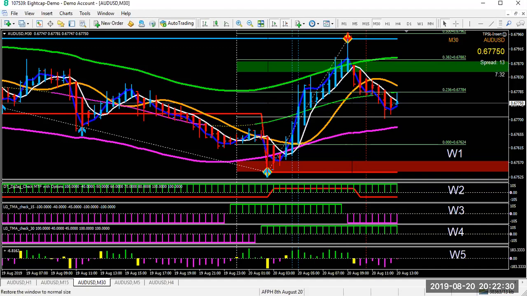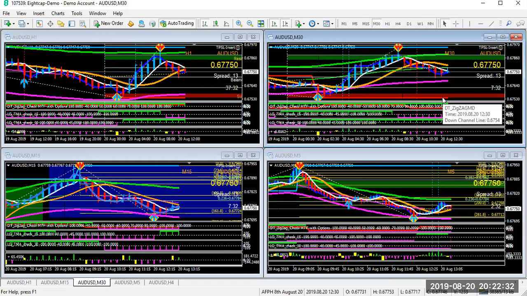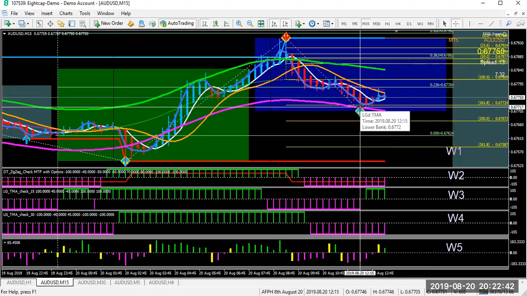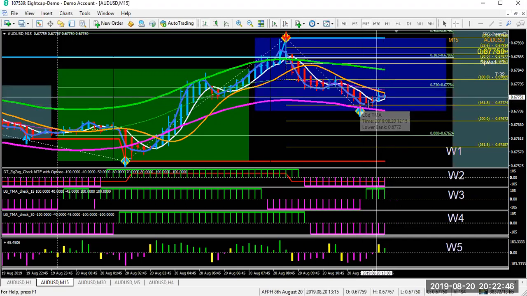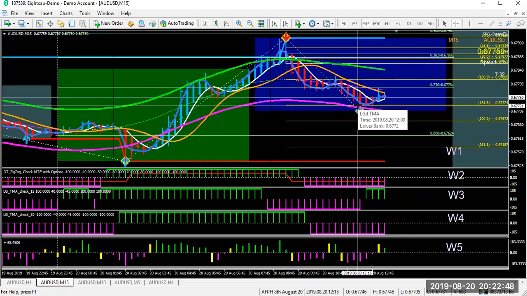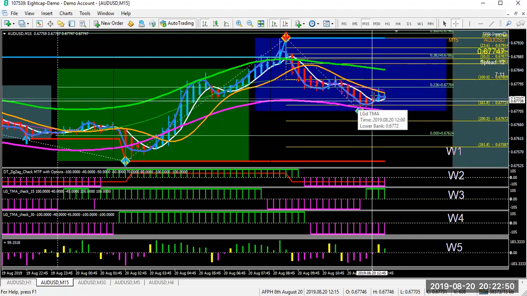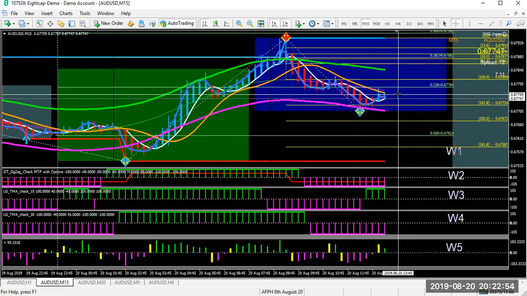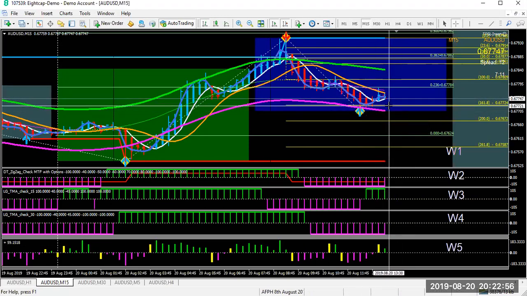So over here, what do we see? Since that low, the price does want to move up at some stage. It still needs to go down as much as it needs to go up.